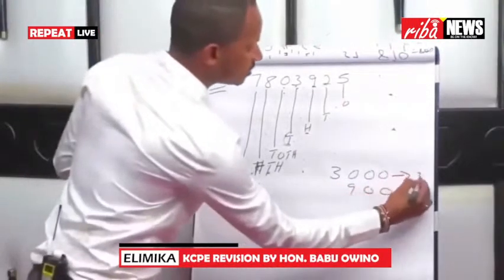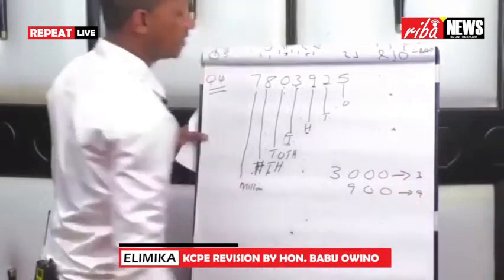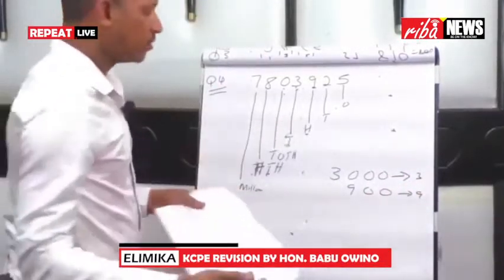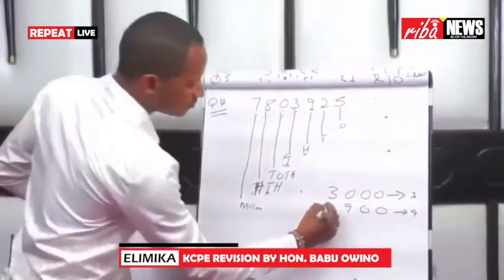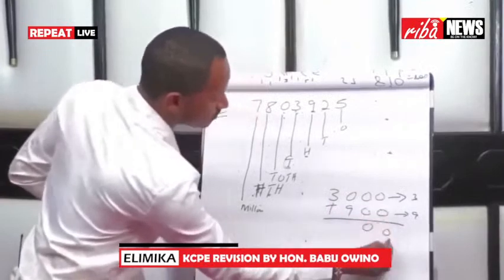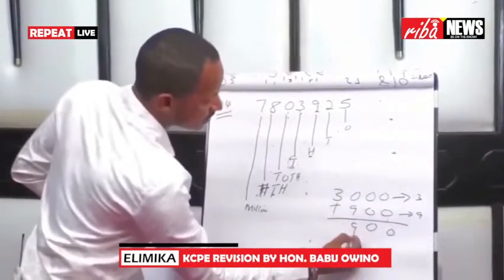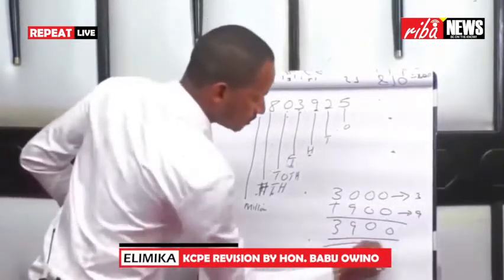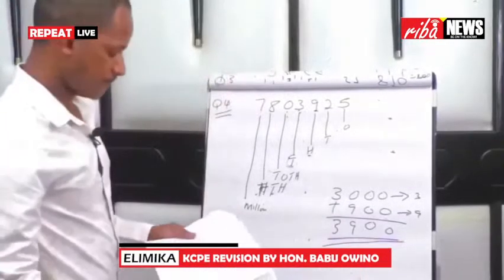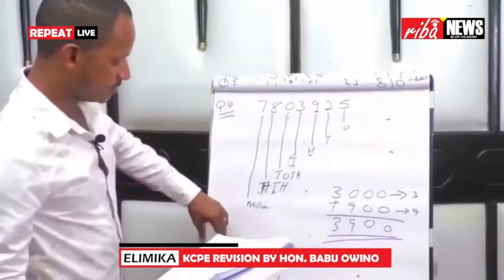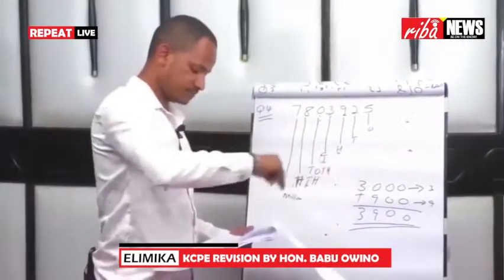So this is for digit 3 and this is for digit 9. Then the question is asking, what is the sum of the total of this and this? You simply add them. 0 plus 0 is 0, 0 plus 9 is 9, then 3. So this is our answer, 3,900. Then we go to question 5.